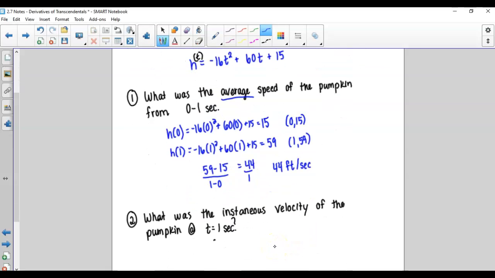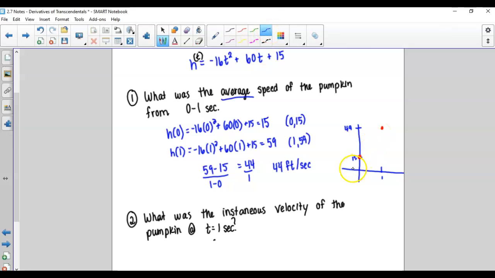Now, the instantaneous velocity of the pumpkin at t equals 1 is going to be the slope of the tangent line right there at 1. If you think of this graph here, here's 15, here's 1, we'll put 59 up here, so we had this point right here and this point right here.